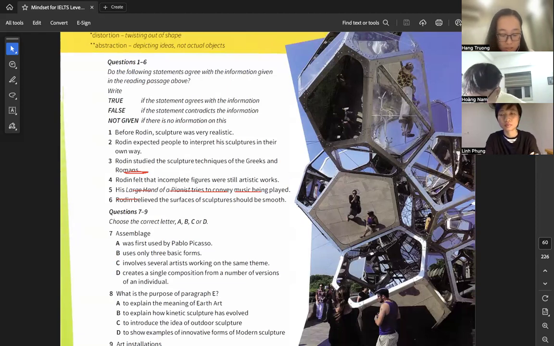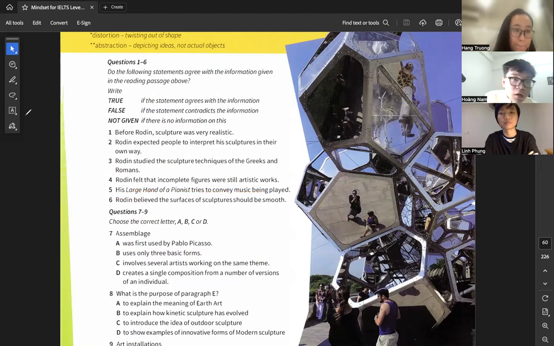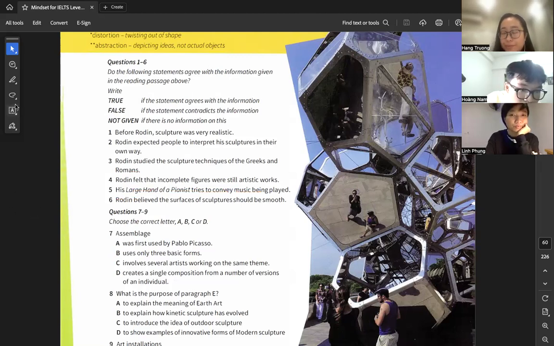Okay, I can see there's also one difference. So number 4, let's look at number 4. Now back to Hua. What are the keywords here? The keywords here are incomplete figures and still artistic works.